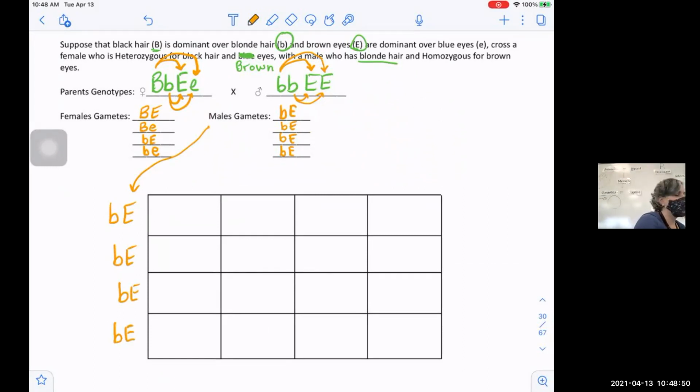So just the ones that we wrote down up here, we're going to move those to the top. And once that's done, now you're just going to fill in the Punnett square like you have been doing. And remember to keep the B's first together and then the E's second for each of the babies.